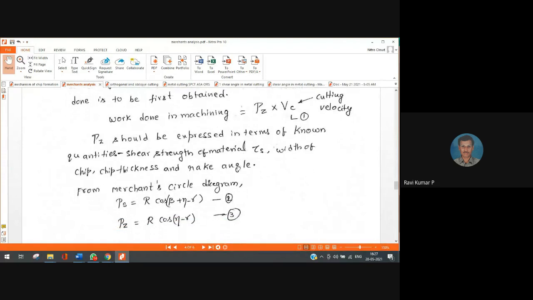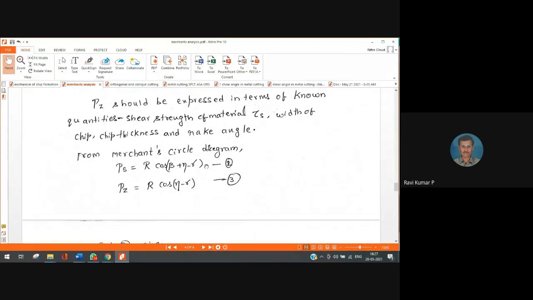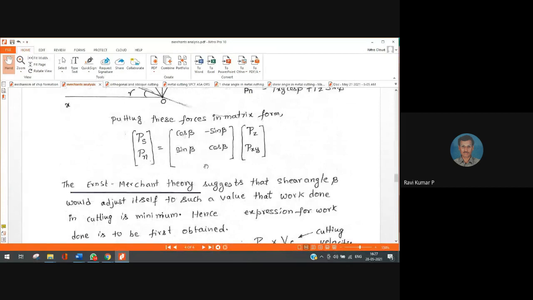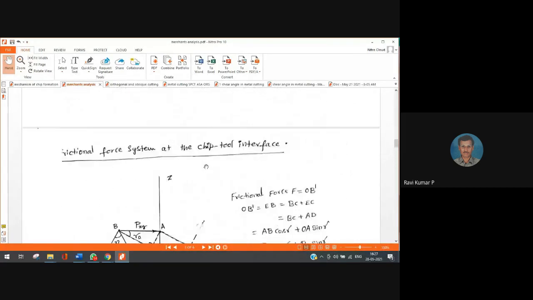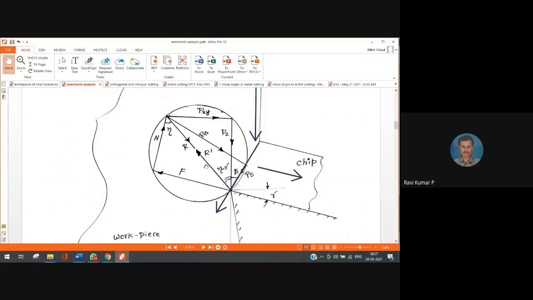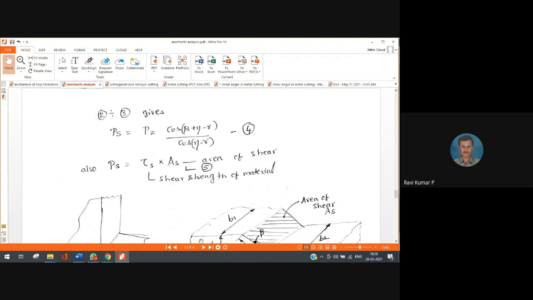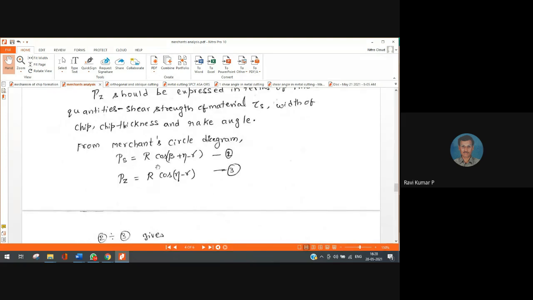If I try to obtain these expressions, I will have to once again go to the Merchant's circle diagram. I shall write PZ in terms of R as well as PS in terms of R. So PS is equal to R cos(beta plus eta minus gamma), PZ is equal to R cos(eta minus gamma).